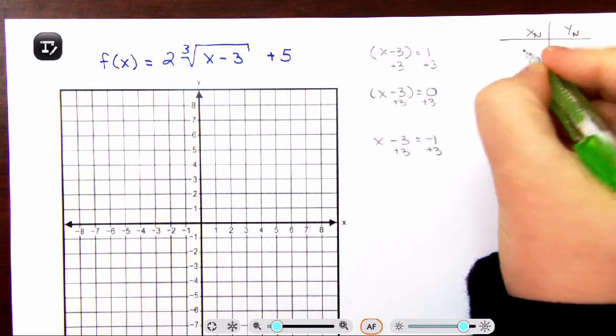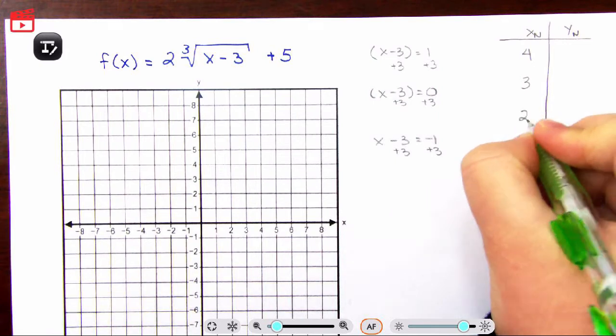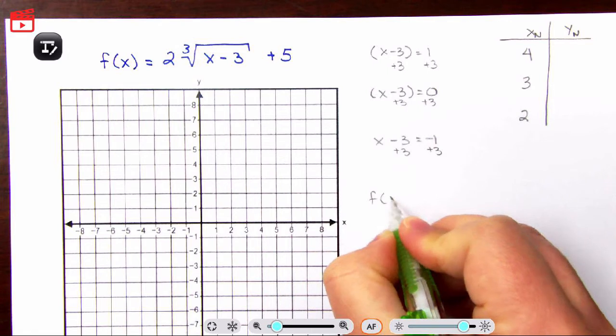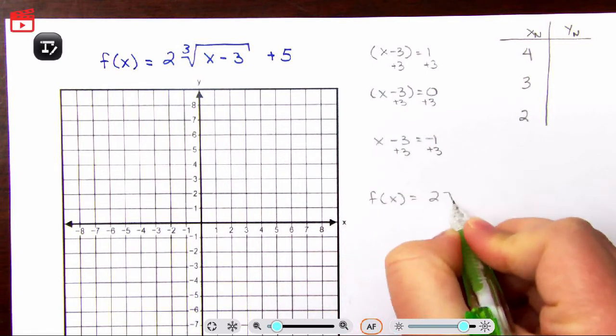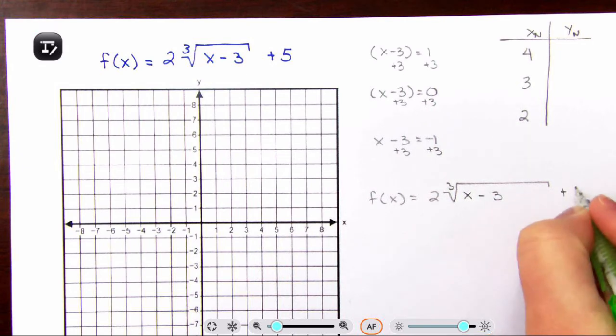So my new x's are 4, 3, and 2. You're going to then take your original equation, which is f of x equals 2 cube root of x minus 3, plus 5.